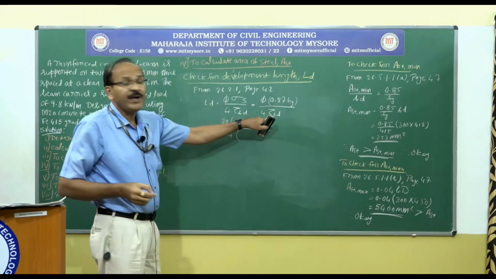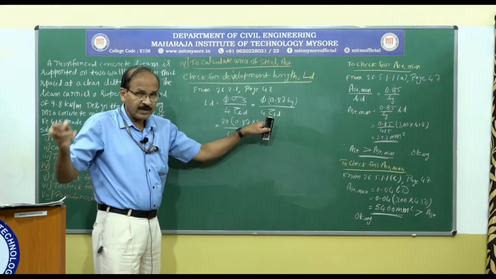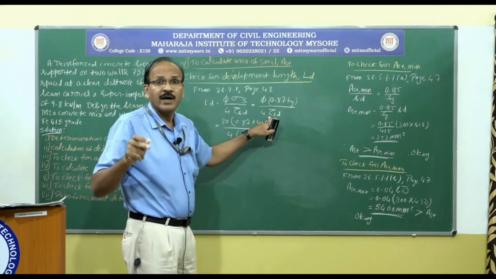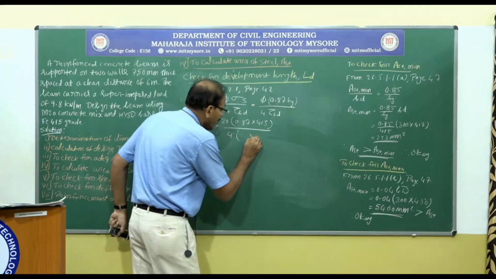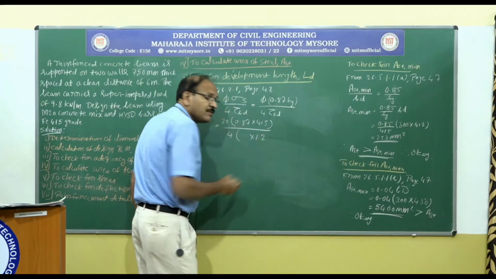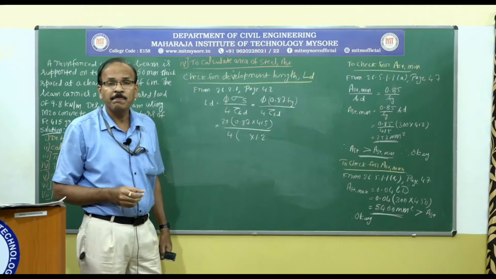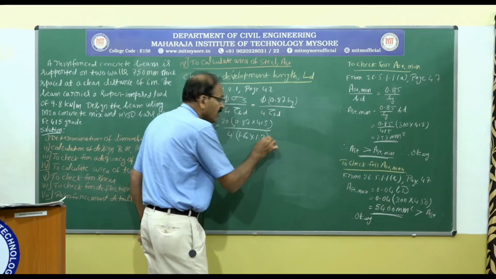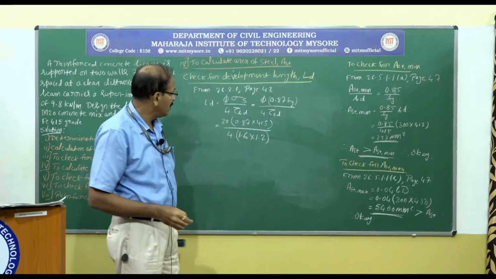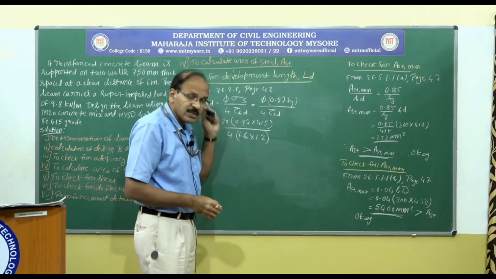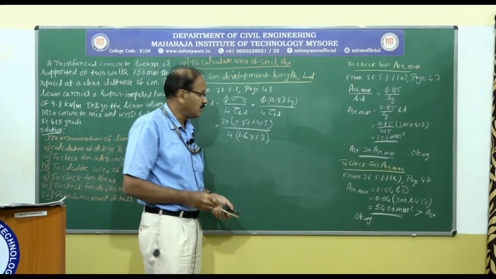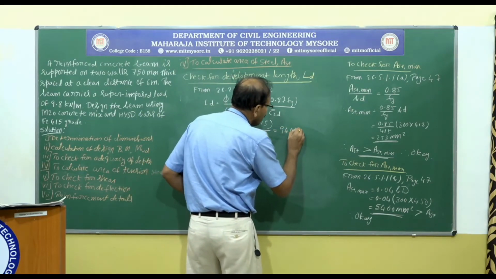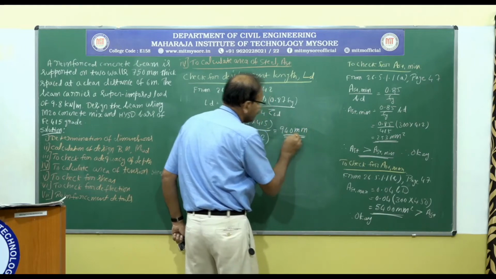So tau BD value from again 26.2.1.1, from that table it is 1.2 Newton per millimeter square. I am increasing that by 60% for HYSD bar. So this is 1.6 multiplied by 1.2. Finally, I am going to get this value equal to 940 millimeter.